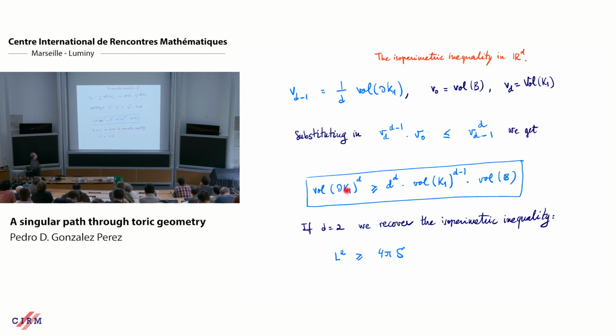So if we substitute in the formula, what we get is an isoperimetric inequality in the case of R^d, which states this relation. In the particular case when d is equal to 2, we recover the isoperimetric inequality which I stated before.